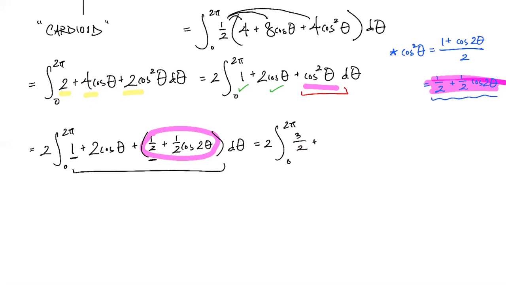Then I still have my 2 cosine theta, and I still have my 1/2 cosine 2 theta. So the only things I could combine were the 1 and the 1/2. I cannot combine the theta and the 2 theta because theta is one angle and 2 theta is a different angle. Okay.